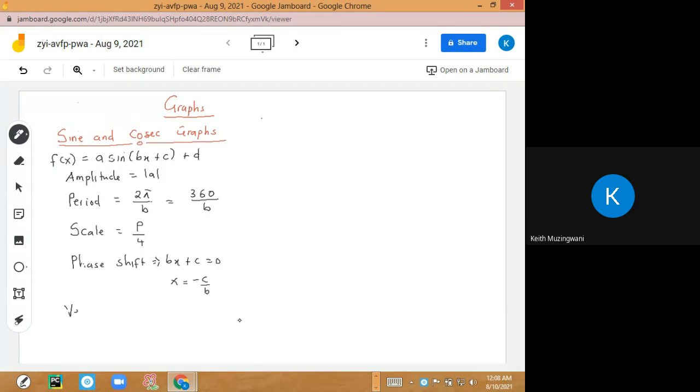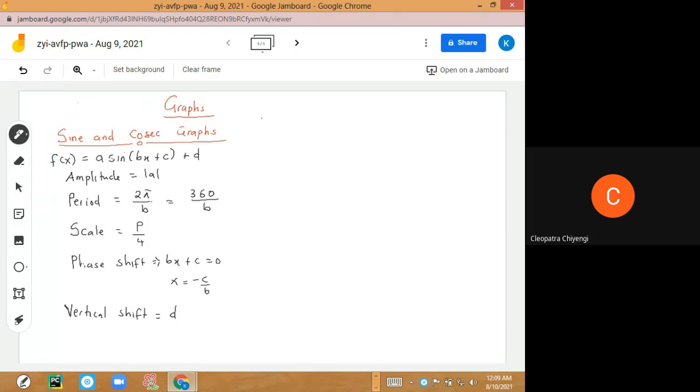Then the vertical shift is obtained by getting the number standing alone. If it is positive, get it as positive. If it's negative, get it as negative. And we call it the vertical shift. So we have the first shift, the vertical shift, the scale, the period, and the amplitude.